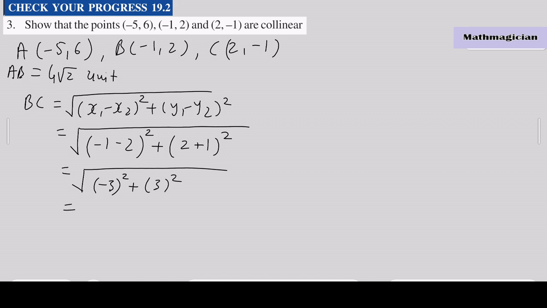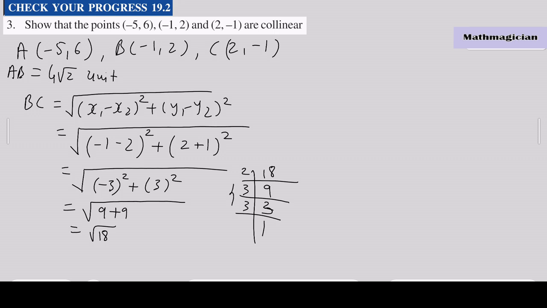That gives us 9 plus 9. It is under root 18. Let's prime factorize this. If you don't know directly, you need to do this step. If you know directly, then you don't need to do this step. Here there is a pair of 3, so that comes outside, so it becomes 3 root 2 unit. So BC is equal to 3 root 2 unit.